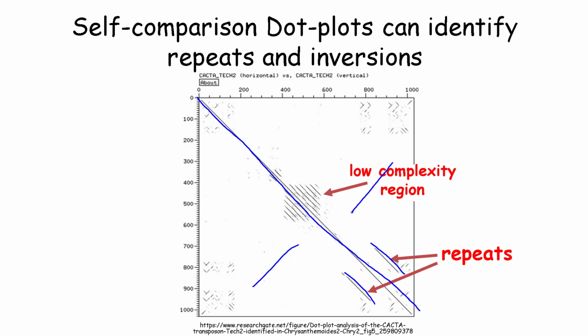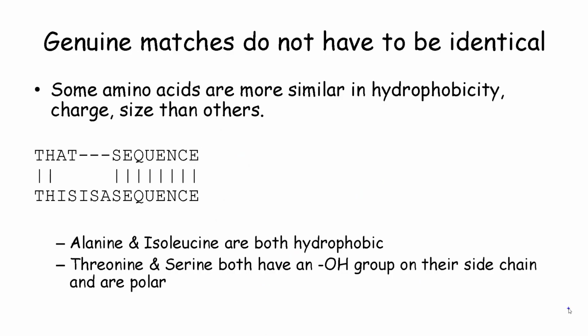If we get an inverted repeat that crosses the main diagonal, that would tell us that there is a palindromic pattern, meaning you get the same sequence if you were to read it backward. A block of short lines indicates the presence of a low complexity region, which is formed by multiple repetitions of a short sequence pattern. Percent identity and dot plots are based on exact matches.